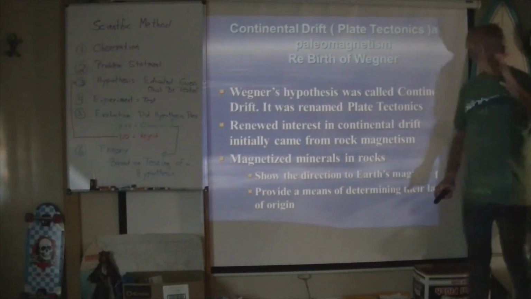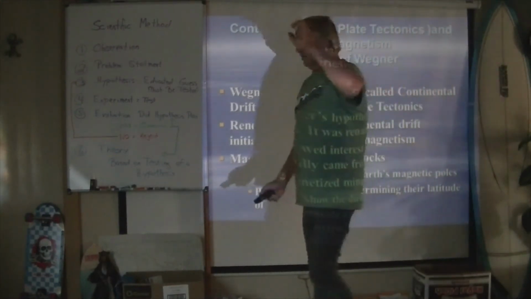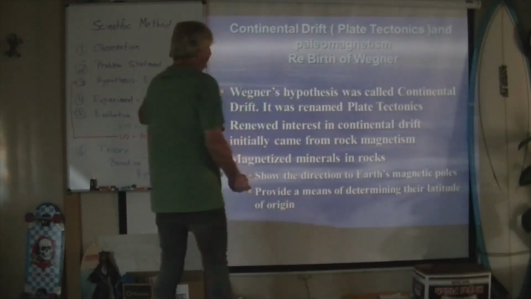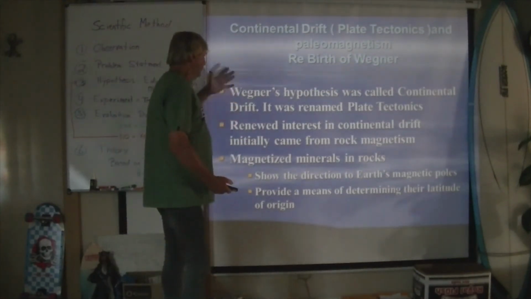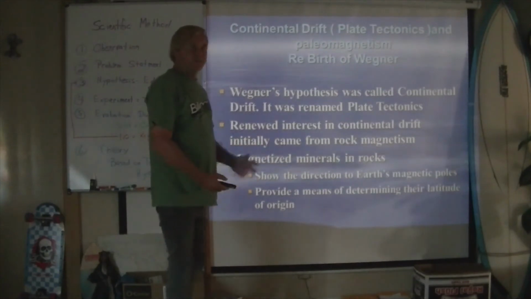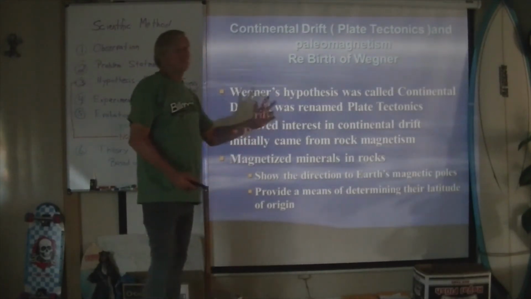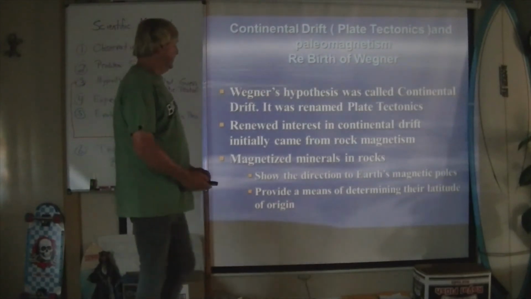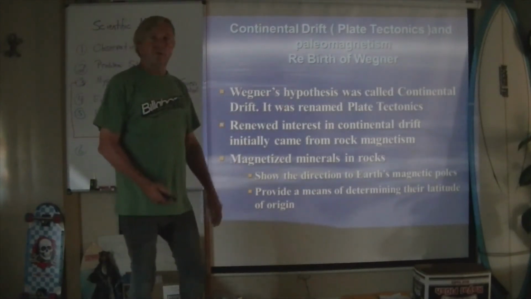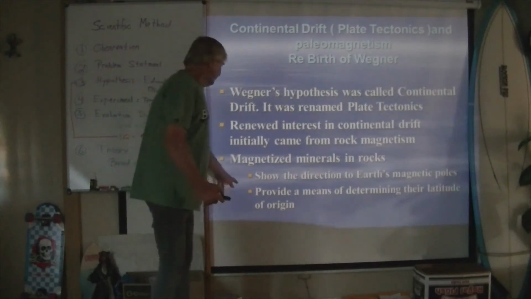So we took Wegener's 4 ideas, we then combined them with 3 ideas, and we now have a new working theory called plate tectonics. And plate tectonics was, or is, the rebirth of Wegener's 1915 hypothesis.